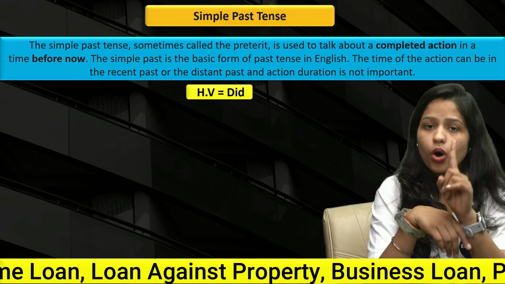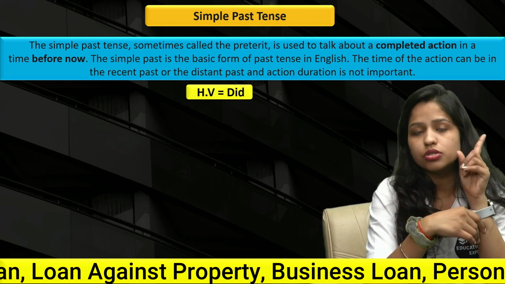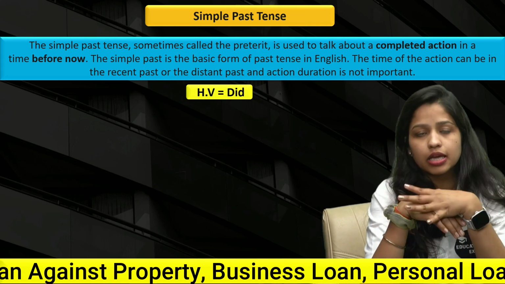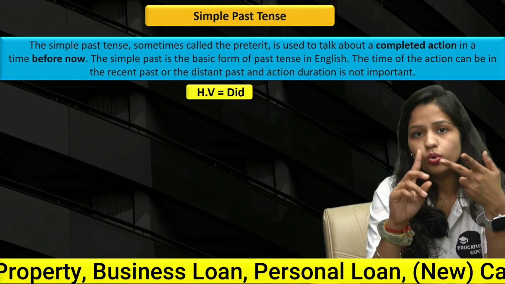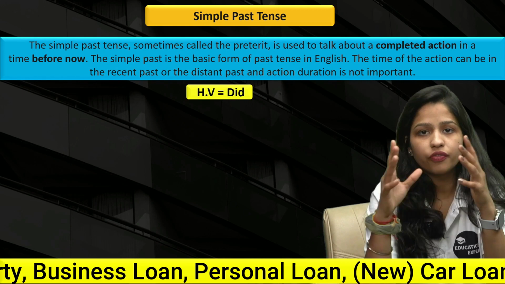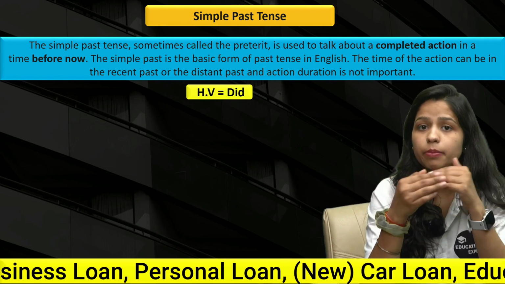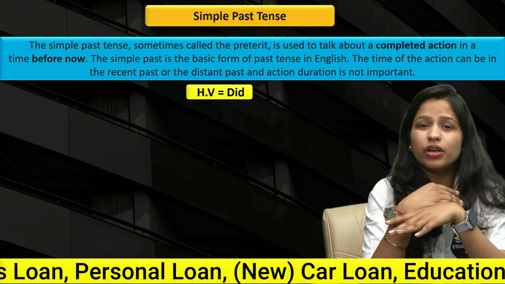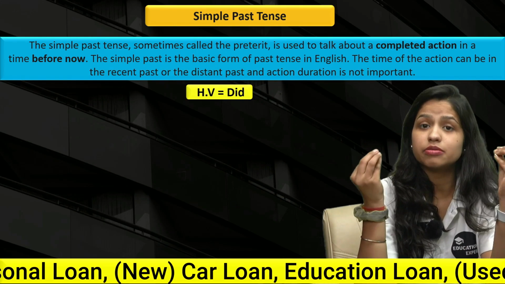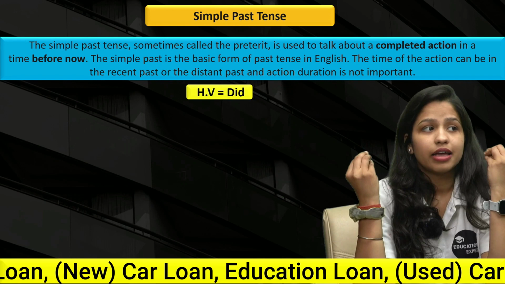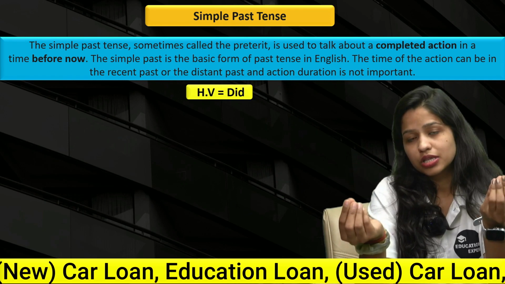Now there is one helping verb that we use in simple past tense. Let me tell you guys, there are two helping verbs in two different types of tenses that you should keep in mind. If you keep it in mind, you will never get confused, because it's the simplest tense that you can remember.